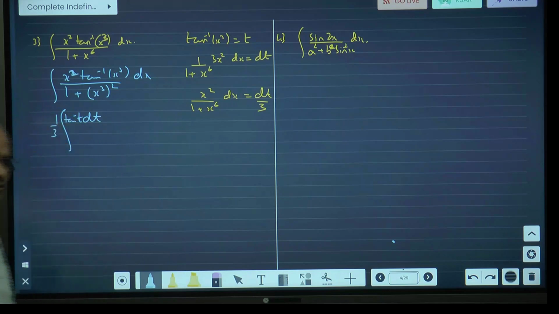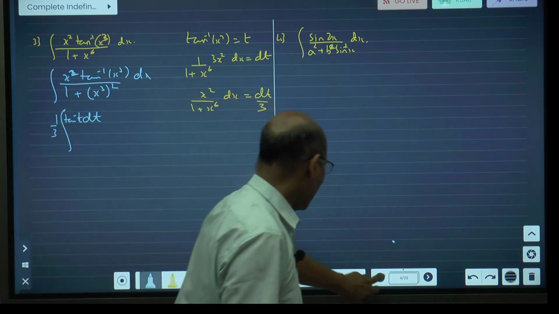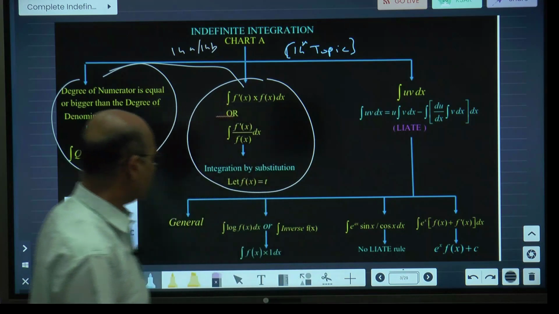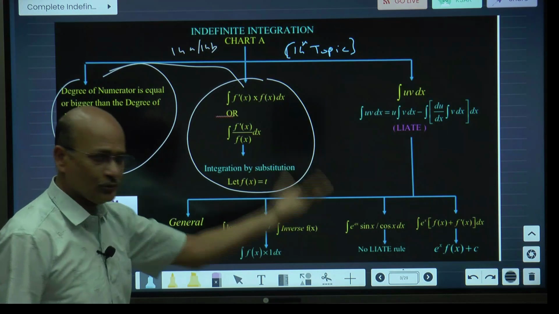Now tan inverse t, you can't integrate it quickly and directly there. I have to be very careful, because core methods are there. Now I am jumping ahead, I am not working on that, I will come to that later on.